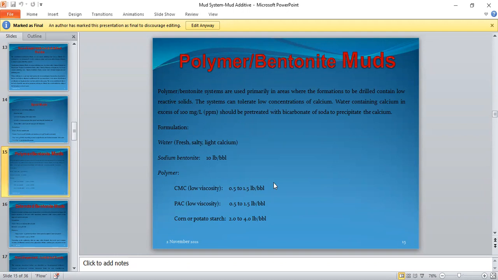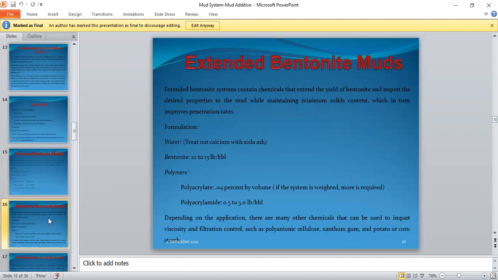Remember, polymers, if you want to define it, are long chain chemicals. They have long chains, and that helps them to give you that viscosity, matting properties that help to control fluid loss and other functions.